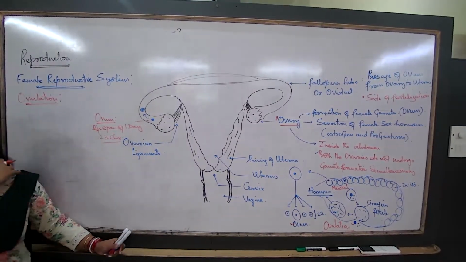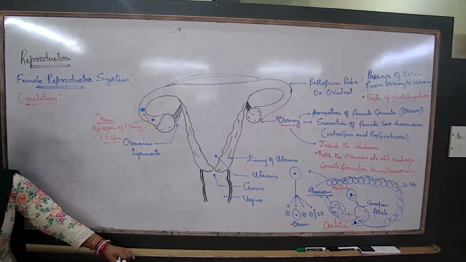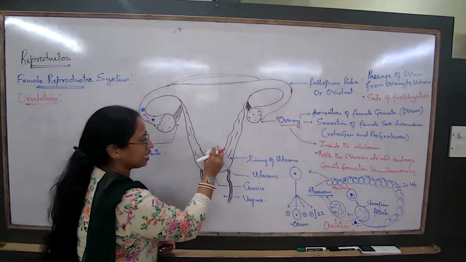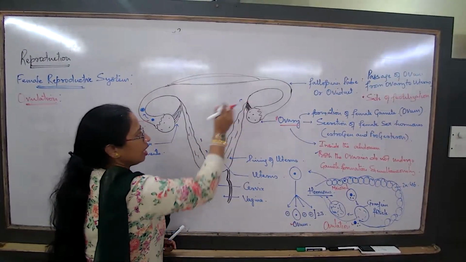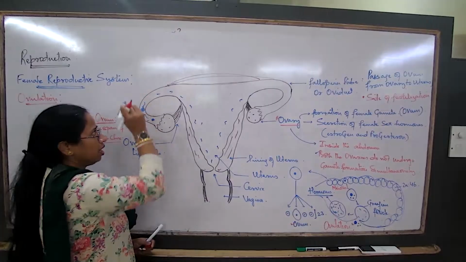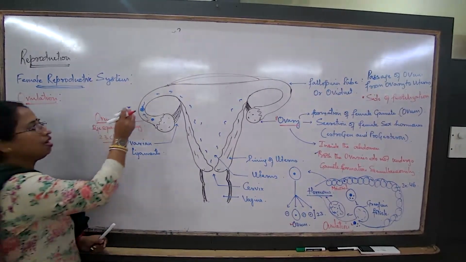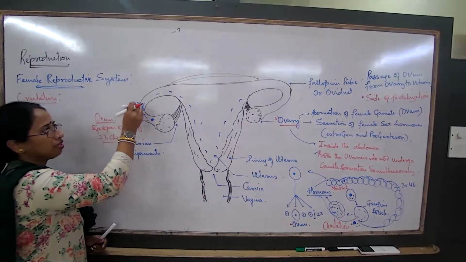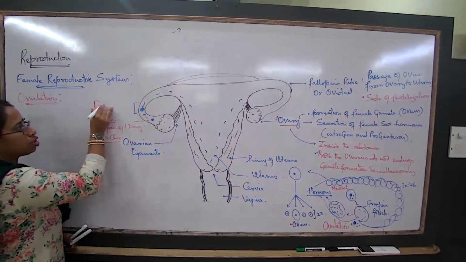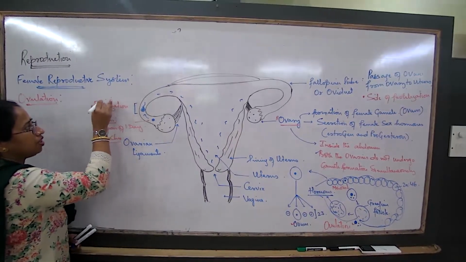During this period, if this female gamete comes in contact with the male gamete, then the process of fertilization happens. If a large number of male gametes have entered the body, then the male gamete and the female gamete come in contact with each other, and now this fusion of these two cells, what will we call this process? This process is known as fertilization.